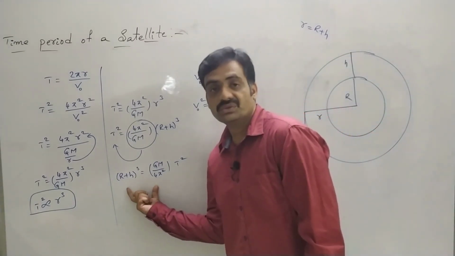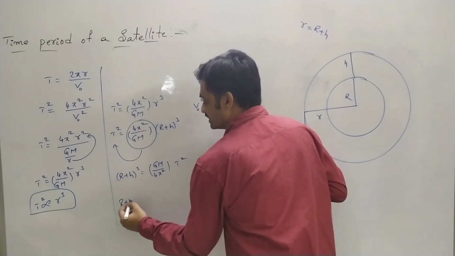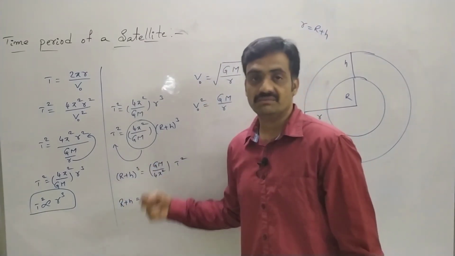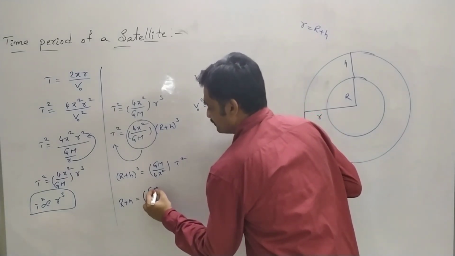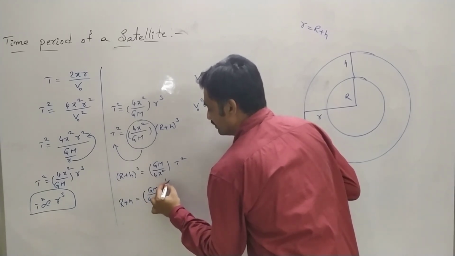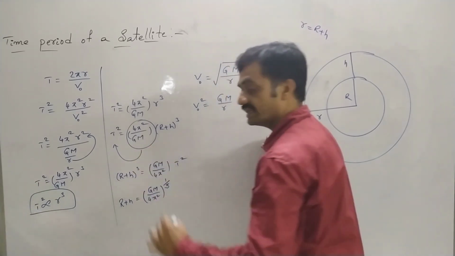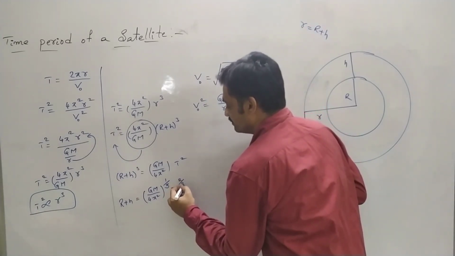Let's apply cube root on both sides. So R plus h equals G M by 4 pi square whole to the power of 1 by 3 into T to the power of 2 by 3.